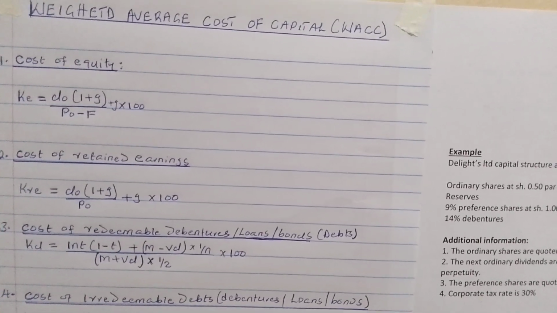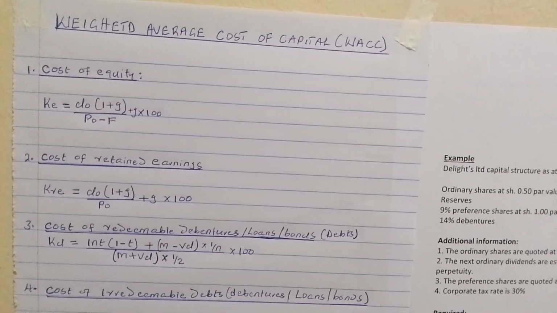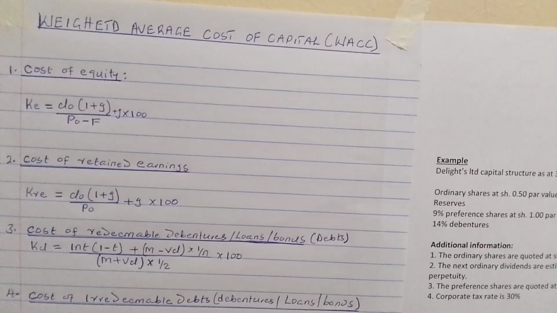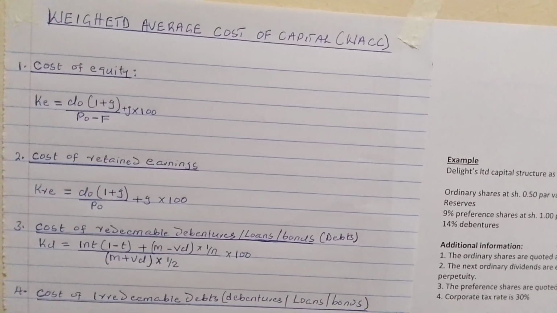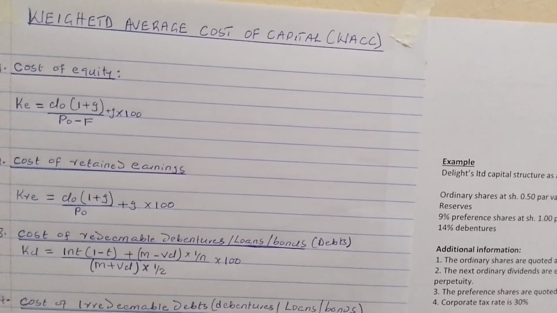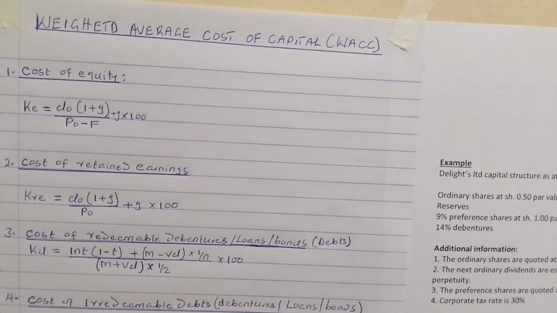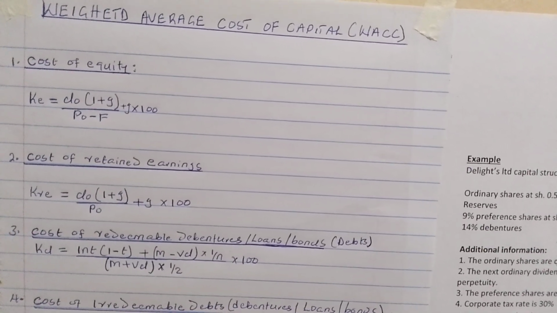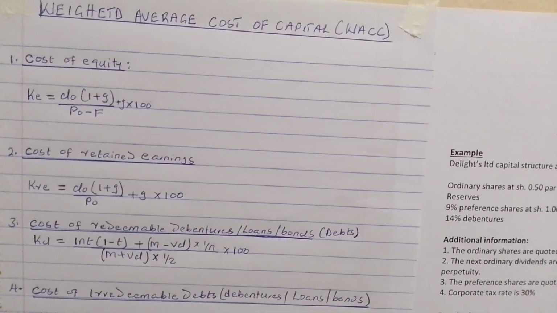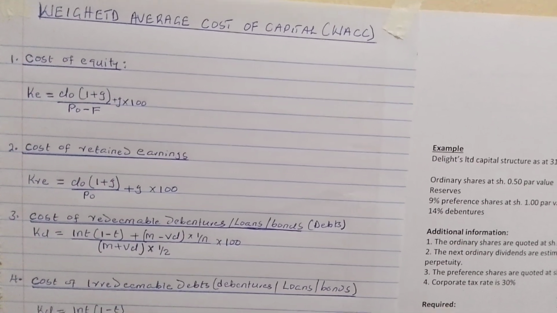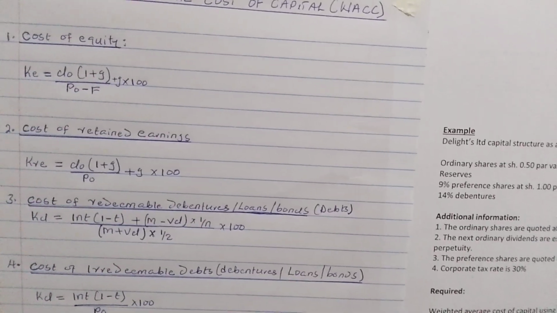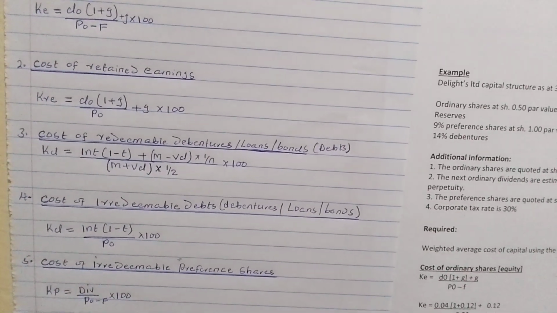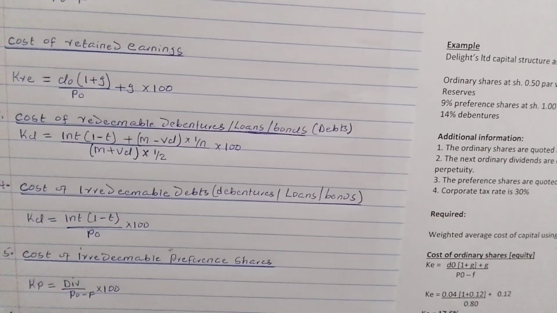Note that under cost of equity, we can still have cost of retained earnings. Cost of retained earnings will be similar to cost of equity, only that cost of retained earnings does not have flotation cost. Then preference shares can either be irredeemable preference shares.